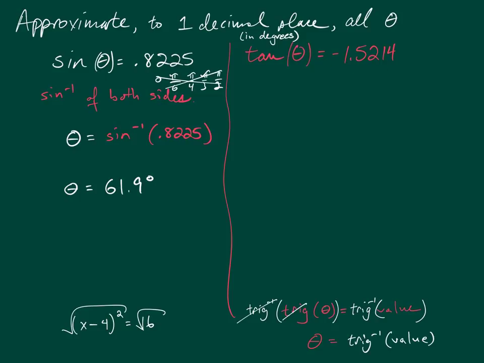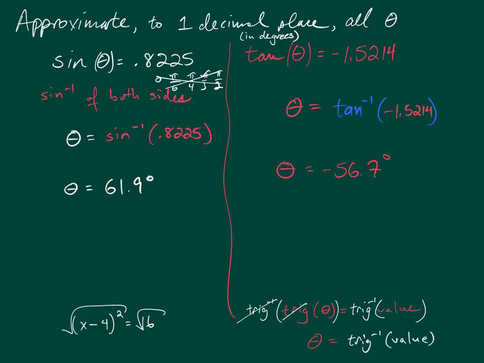All right, so here in this other example, we have tangent theta equals 1.5214. So you may have guessed already that you want to take the tangent inverse of both sides, so that will look like this, the tangent inverse of 1.5214. And so again, you can type this into a calculator and get that theta is -56.7 degrees. But that doesn't make any sense.